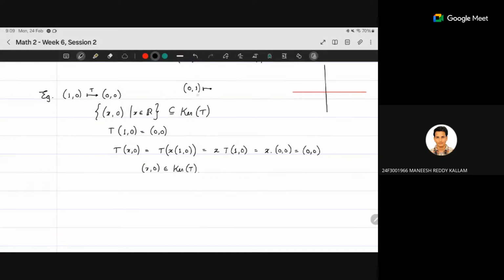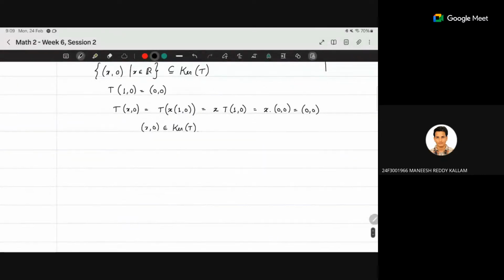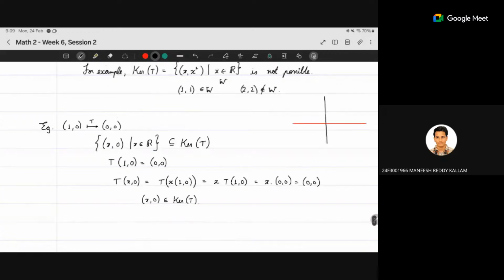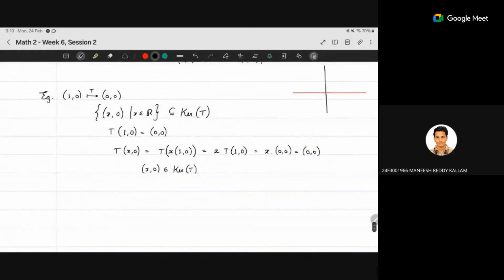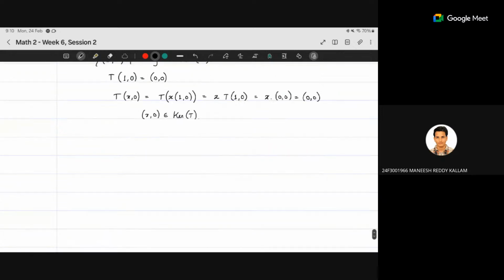Okay, got it, sir. So maybe you can give a more refined answer than just this statement: the kernel of T is the whole space if (0, 1) is mapped to (0, 0), and the kernel of T is equal to the x-axis if (0, 1) is mapped to something non-zero. You can verify that later.